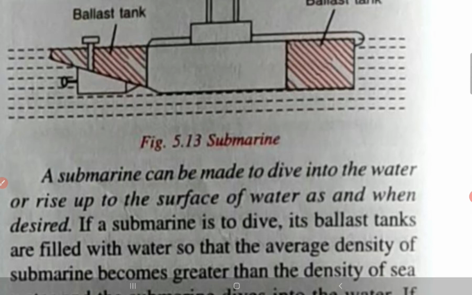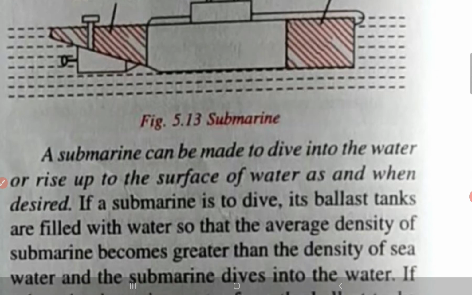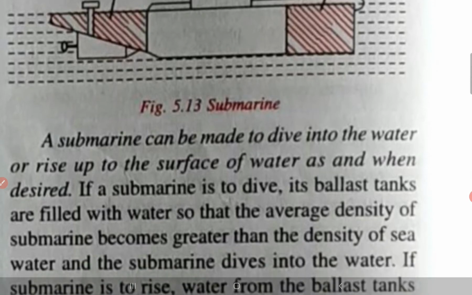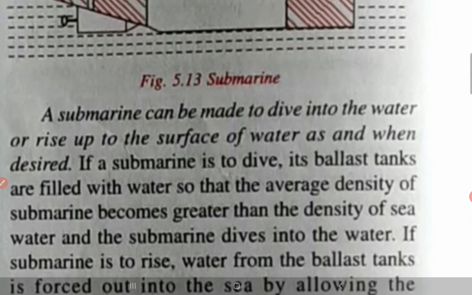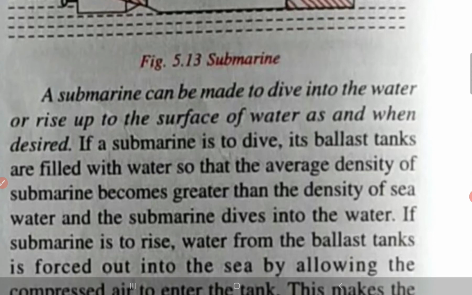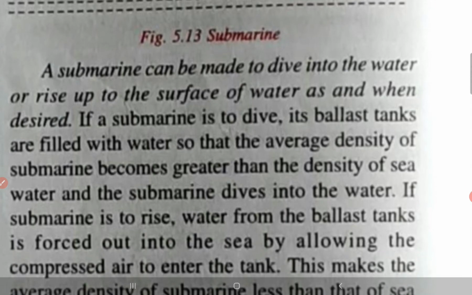If a submarine is to dive, its ballast tanks are filled with water so that the average density of the submarine becomes greater than the density of sea water and the submarine dives into the water. If the submarine is to rise, water from the ballast tanks is forced out into the sea by allowing the compressed air to enter the tank.